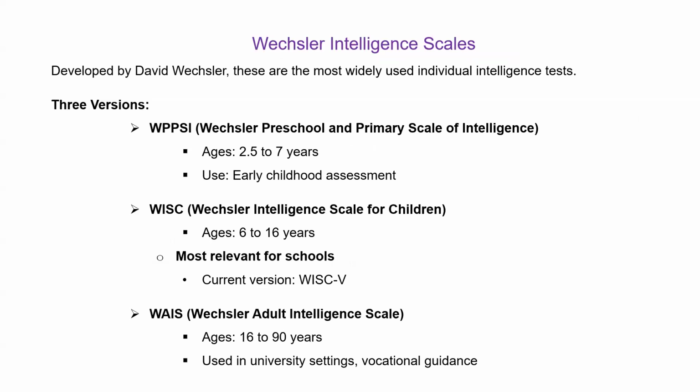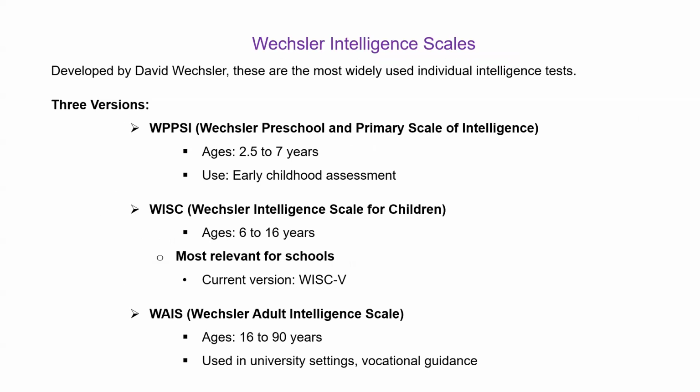And there are a lot of intelligence tests like that. There are three versions we are going to see here. WPPSI, you can read this one. Wechsler Preschool and Primary Scale of Intelligence.